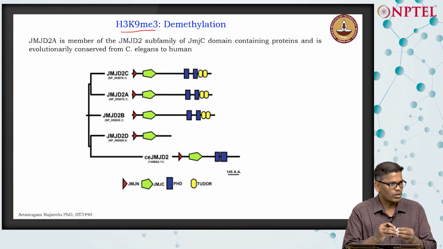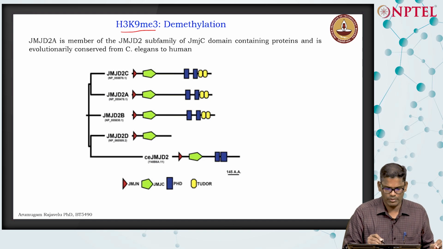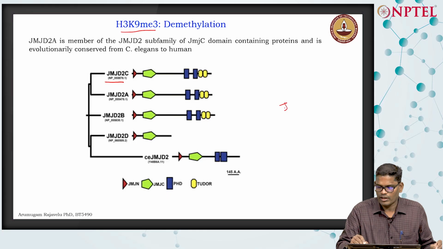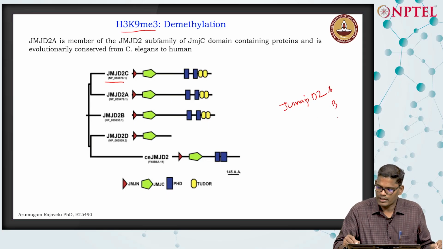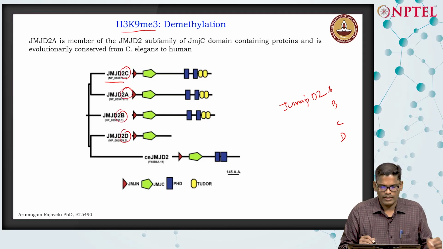I am not going to talk about the whole Jumonji family. The 4 proteins, I will just show you as an example. Jumonji D2 is a very important protein. Jumonji D2. There are 4 proteins, A, B, C and D. You can see here, C, A, B and D.